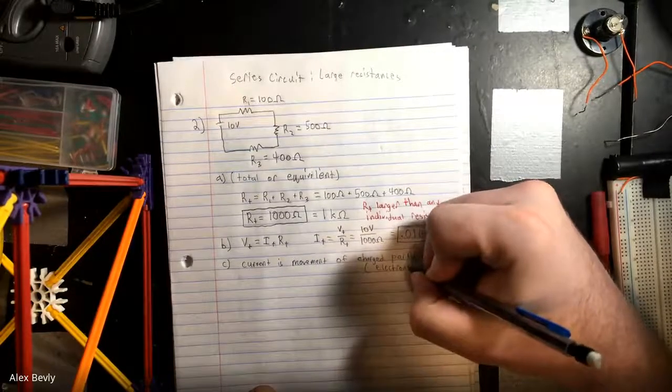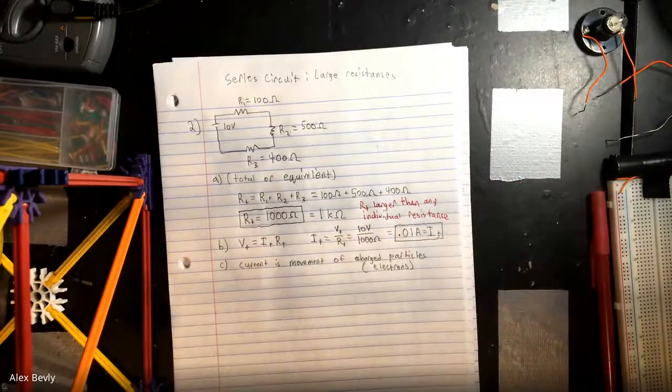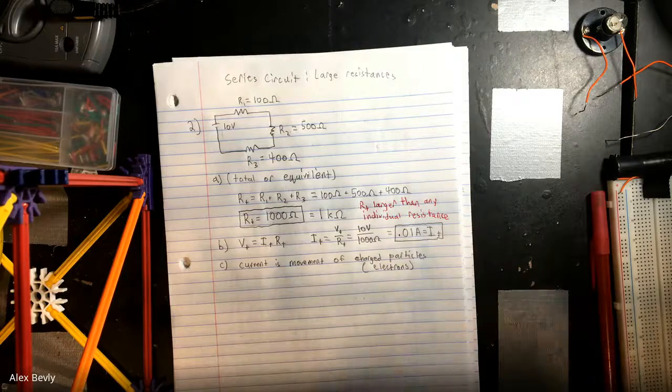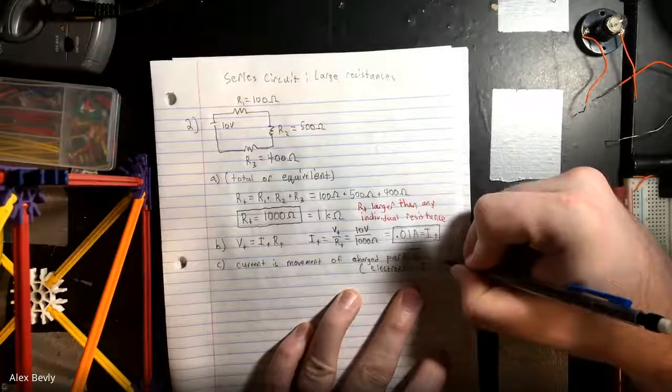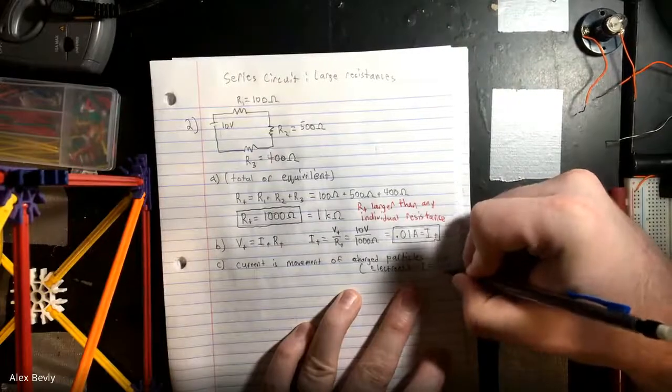So this is the movement of electrons. When we're talking about current, we're talking about how many electrons are moving through a point at a given time. So that's where we get our equation, the amount of charge flowing past a given point in a given time.